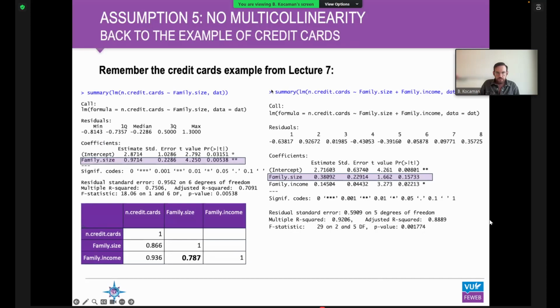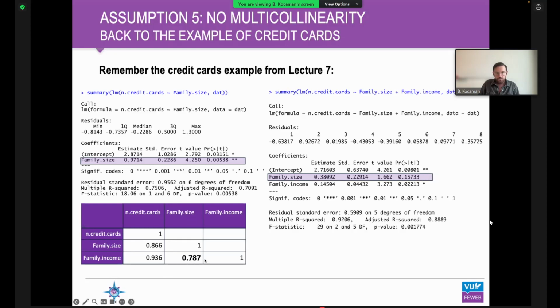Okay, so the example of this is actually what we have seen yesterday. This credit cards example from lecture 7: we had family size, then we added family income to this model, and the estimate for the family size both decreased and became insignificant.